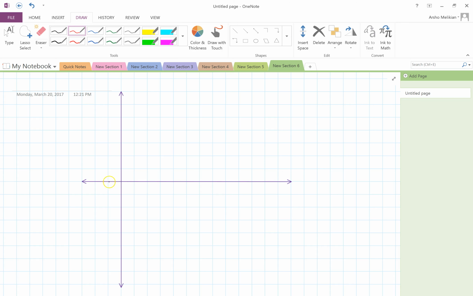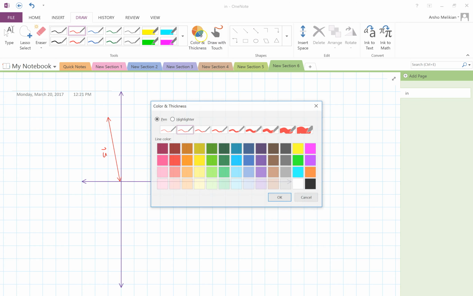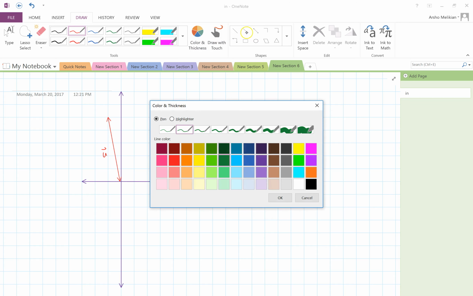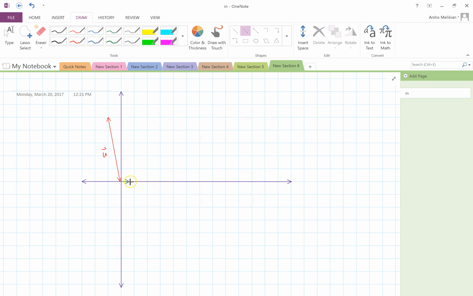So it's -1, 5. 1, 2, 3, 4, 5. So that's the u vector. That shouldn't have an arrow at the bottom, but it's okay. So let's do a v vector. V is 4, 6. 1, 2, 3, 4, 5, 6.